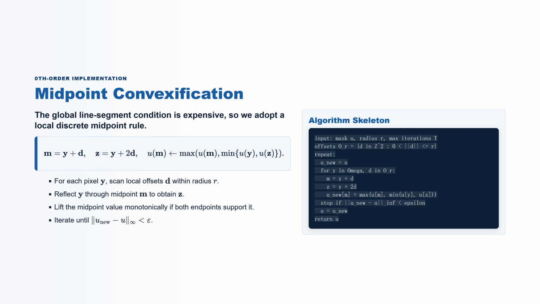So we lift the midpoint value to satisfy the local convexity rule. We repeat this over local neighborhoods until the mask stops changing. This gives a simple and intuitive way to convexify masks.